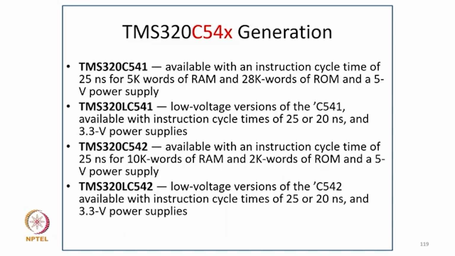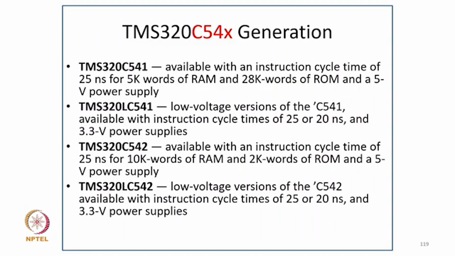TMS320C541, available with an instruction cycle time of 25 nanosecond, 5K words of RAM and 28K words of ROM and a 5 volt power supply. TMS320LC541, a low voltage version of the C541, available with instruction cycle times of 25 or 20 nanosecond with a 3.3 volt power supply.